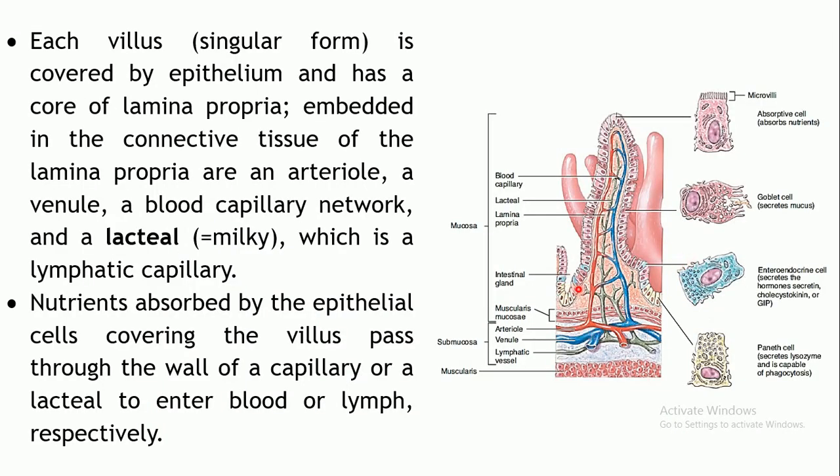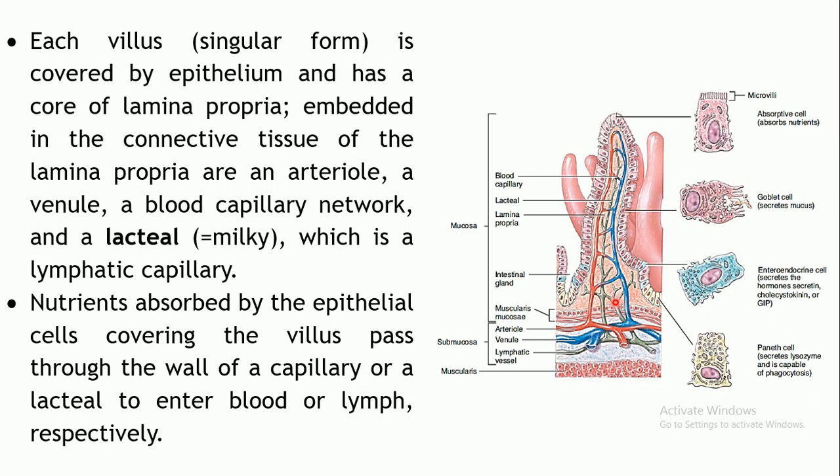Now this is the structure of a single villus. Villus is the singular form of villi; villi is the multiple form. Each villus is covered by the epithelium and it has a core of lamina propria.